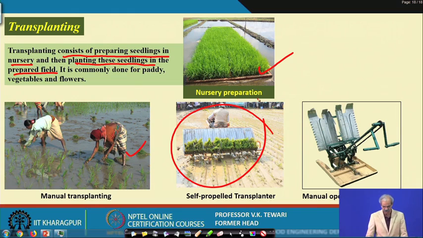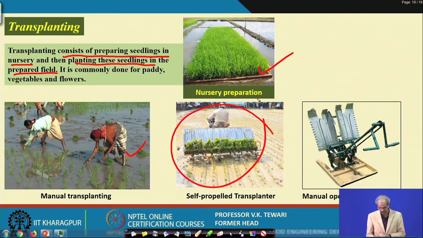It is a self-propelled transplanter. It is very effective, and for the last 10-15 years, in fact, this has become a boon to the transplanting operation. And well, cost could be a factor for small farmers, but on a custom hiring basis, such machines are being used on a large scale in several parts of the country.